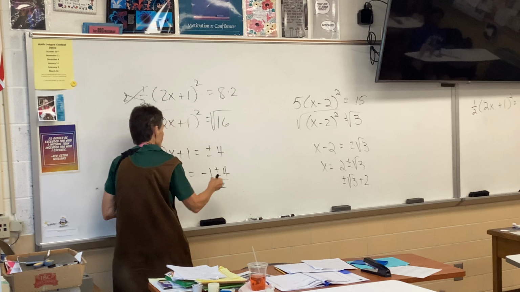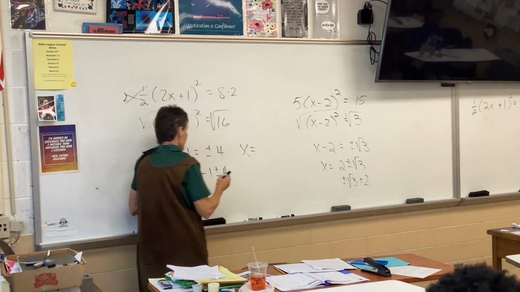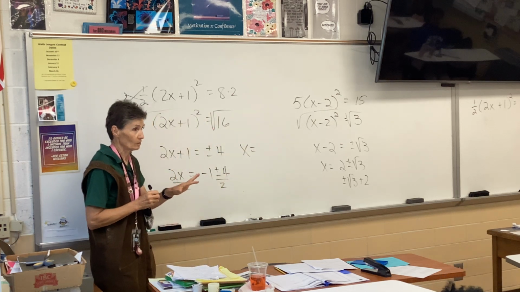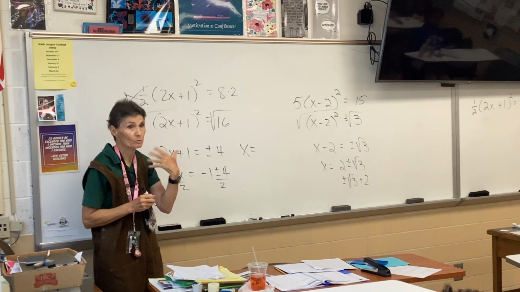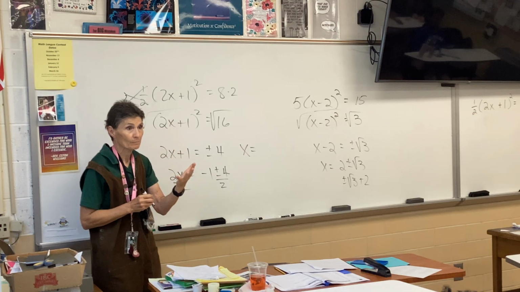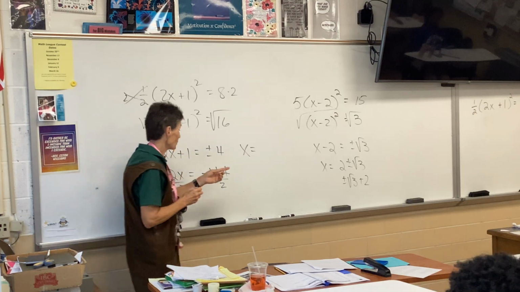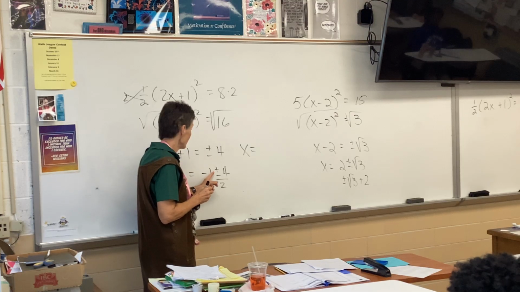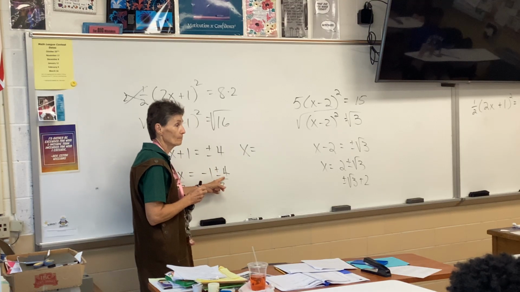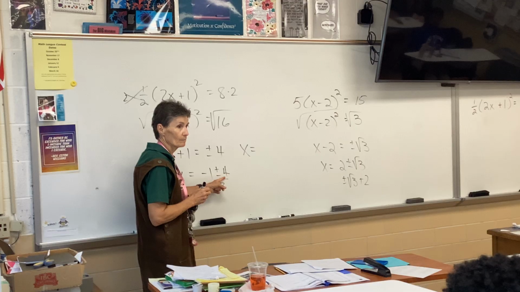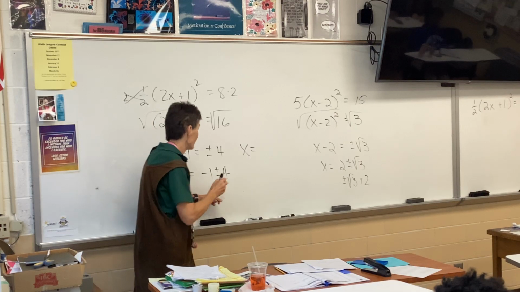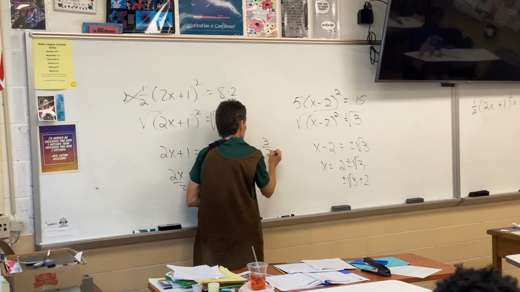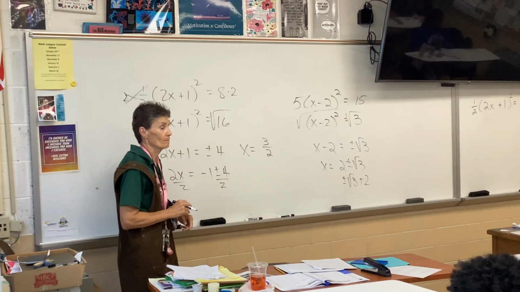Now, there are 2 answers here. Notice that there's no radical, so the expectation is that you cleaned it up. Okay? So, negative 1 plus 4 is 3, divided by 2. So one of your answers is 3 divided by 2.